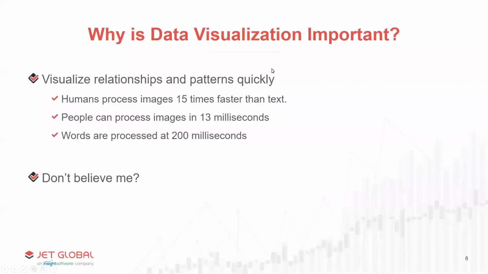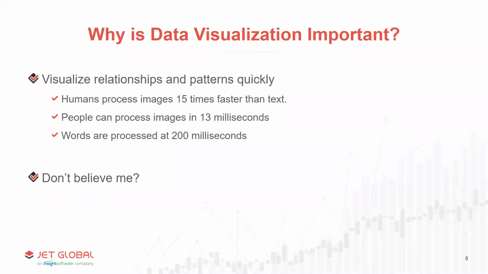But before we really get into it, I want to talk about why data visualization is important as a whole. And I want to dispel a commonly held confusion about data visualizations, because I've seen a specific statistic a number of times, and I want to clarify that it's actually incorrect.